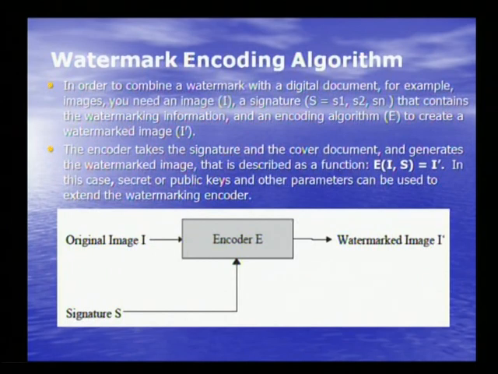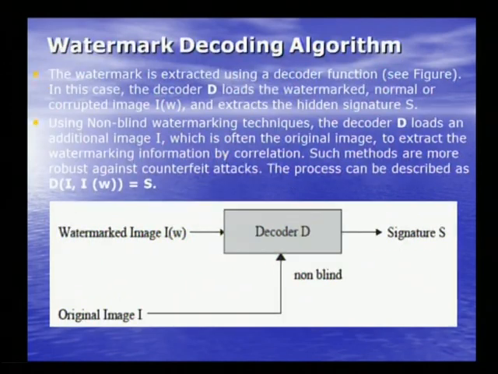The encoder takes the signature and cover document and generates the watermark image, described as a function E of I, S, where I is the original image, S is the watermark or secret key, equal to I dash, which is the watermark image. In this case secret or public keys and other parameters can be used to extend the watermark encoder.